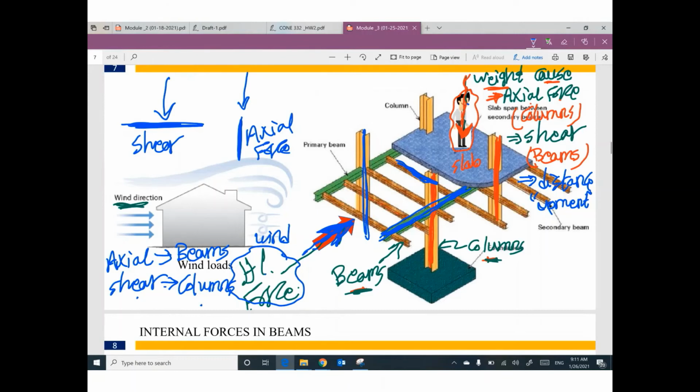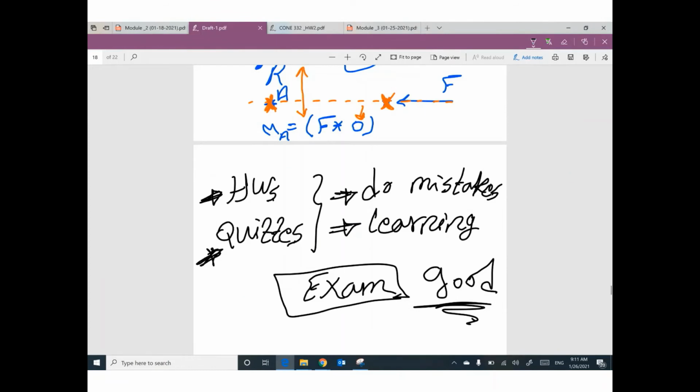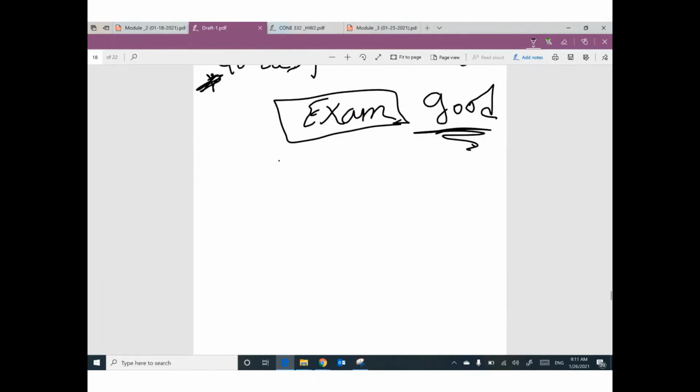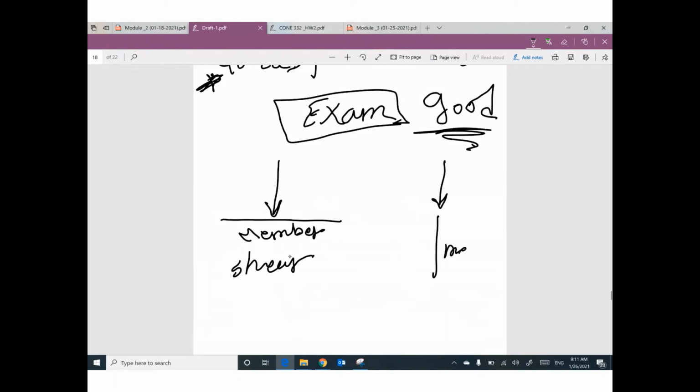So we don't need to remember all of this stuff. We need to remember only one thing. Keep it in your mind. If the force is perpendicular to the member, we have shear. If the force is parallel to the member, we have axial.